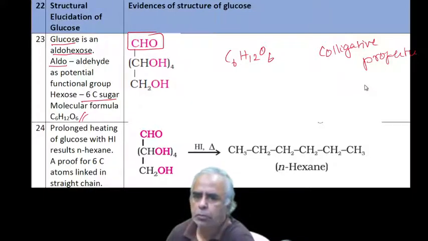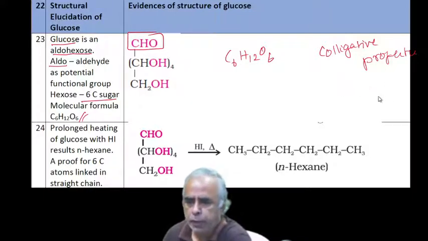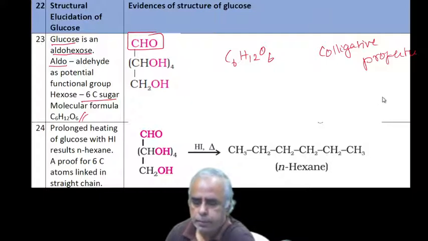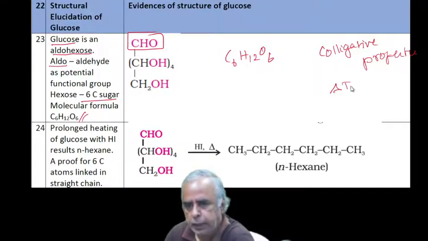Like elevation of boiling point, depression of freezing point, relative lowering of vapor pressure and increase of osmotic pressure. So elevation of boiling point, let me say delta TB, that is proportional to what? The number of moles of solute, is it not? Yeah. Number of moles of solute, the amount, that is very important.